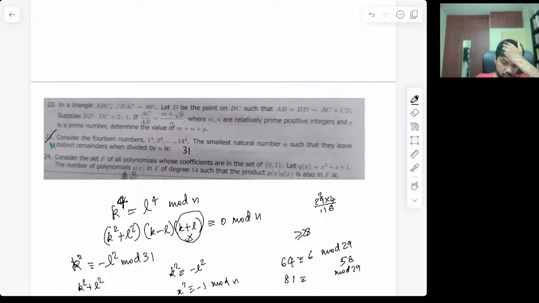The number of polynomials P of x in F of degree 14 such that the product P of x times Q of x is also in F. No, I have not solved this. What's so special about 14?